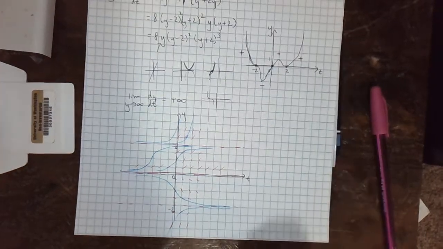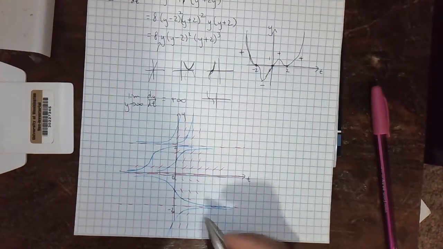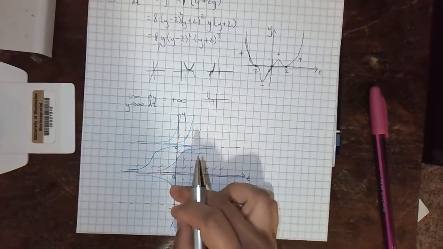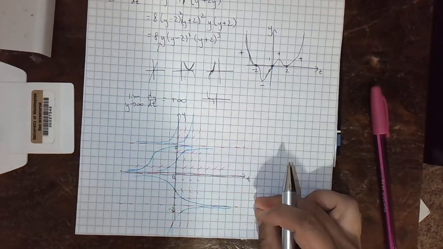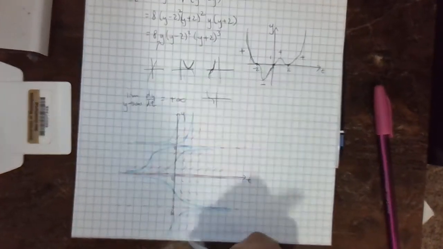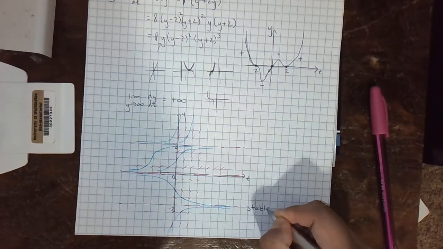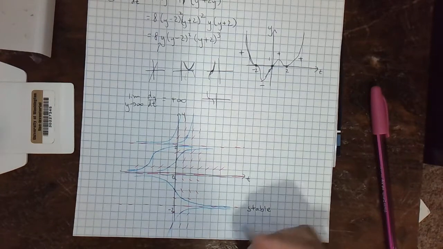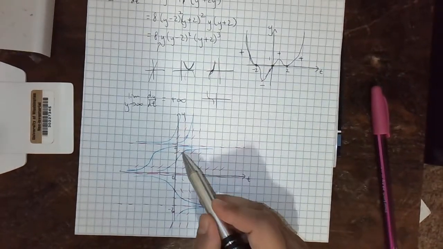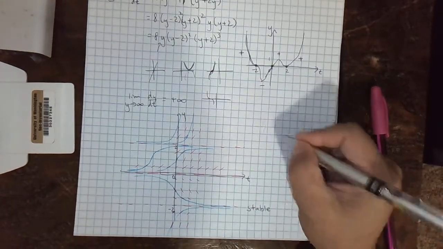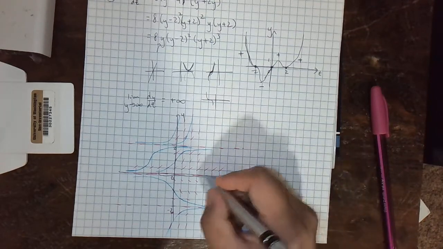And notice that solutions near negative 2 tend towards negative 2, all of them. All of the curves will tend towards negative 2. So we call this a stable equilibrium. The equilibrium states are 2, 0, negative 2. This is a stable equilibrium.